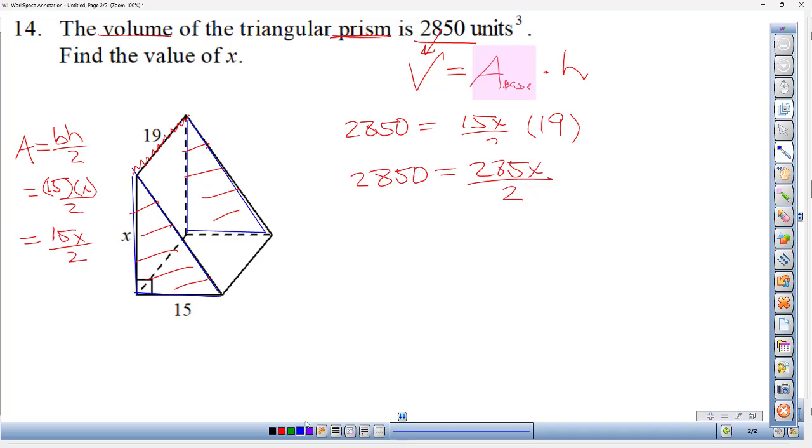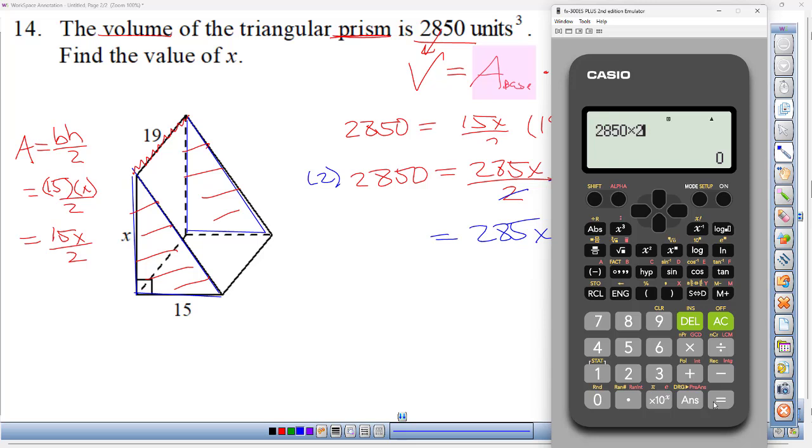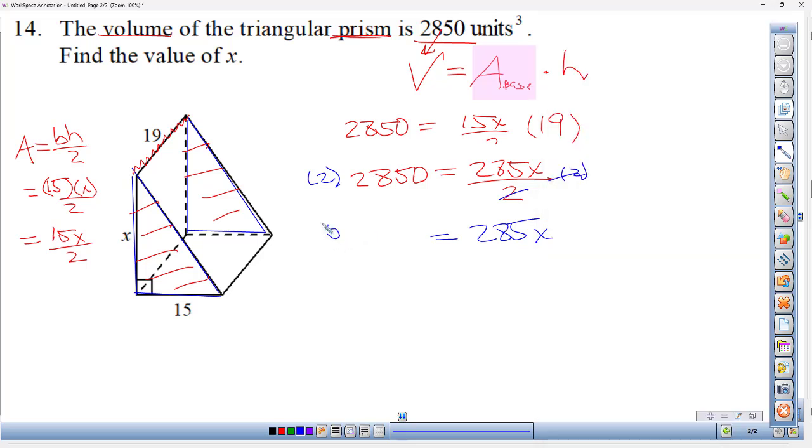I think I'm going to get rid of that dividing by 2. What would cancel a dividing by 2? A multiplying by 2. So we're going to multiply both sides by 2. Those will cancel. So I've got 285x. And over here, let's see, 2,850 times 2 comes out to be 5,700. So 5,700.